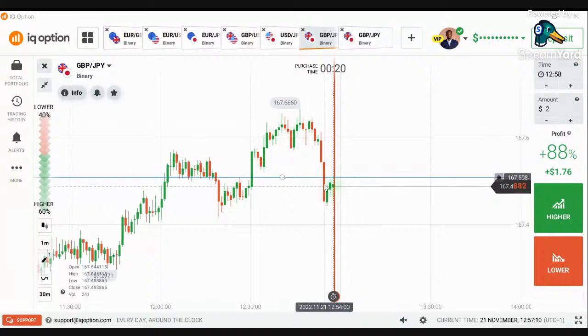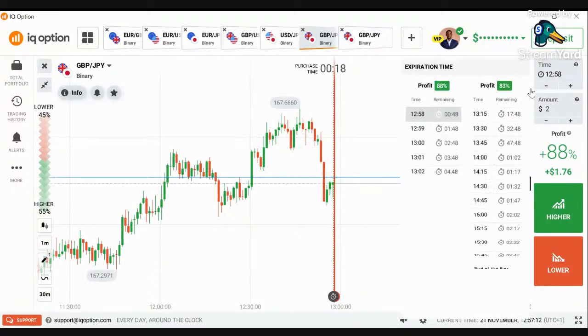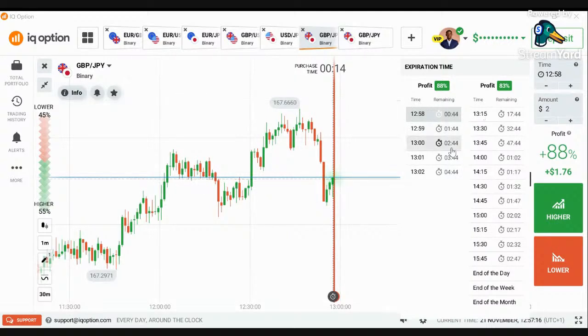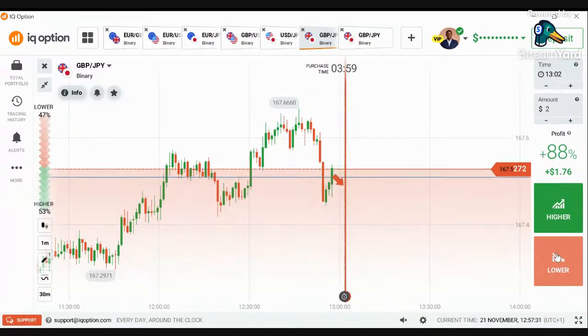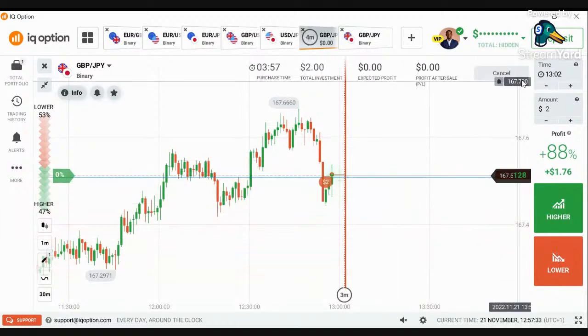That's quite some serious momentum from sellers. Wow. Okay, I'm going to sell there.